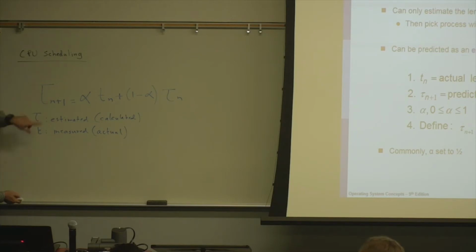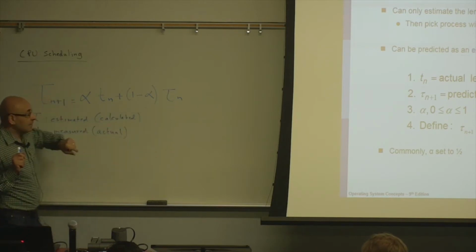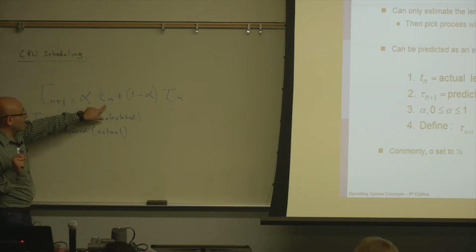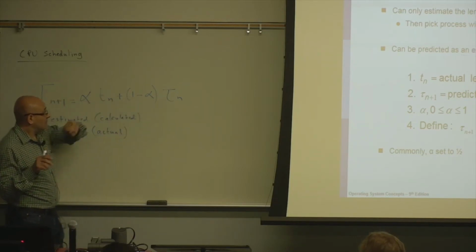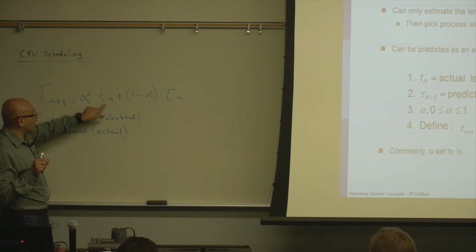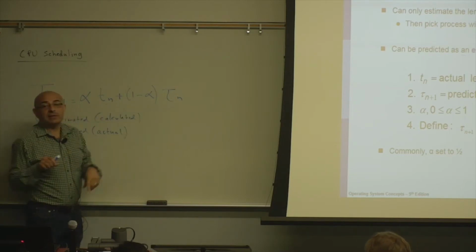So we're saying here that the length of the next CPU burst may be estimated by calculating a weighted sum of the length of the last CPU burst and the last estimate.